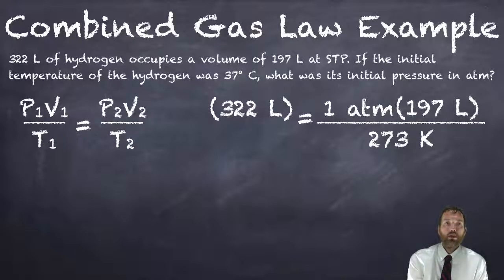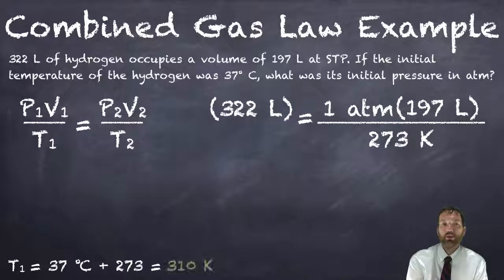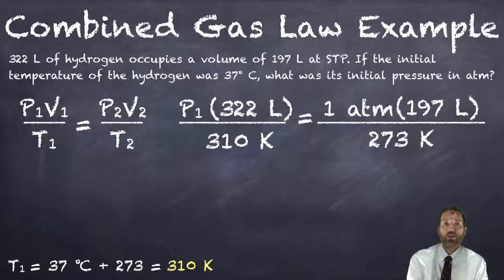Okay, so let's plug in what we need on the left here. They want to know the initial pressure, so we're solving for P1, and they're saying that this initial temperature was 37 degrees Celsius. So 37 degrees Celsius plus 273 is 310 Kelvin. And again, they want to know its initial pressure, so we're solving for P1 here.